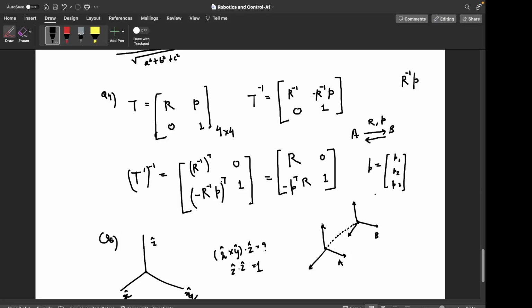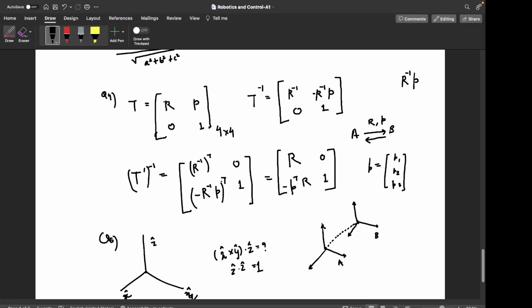So the thing is that if in this case the B frame was not rotated, it was just translated, the P vector remained the same even after we transformed from A to B. But in the case where we are rotating also, the description of the P vector won't be the same in frame A and frame B, right?